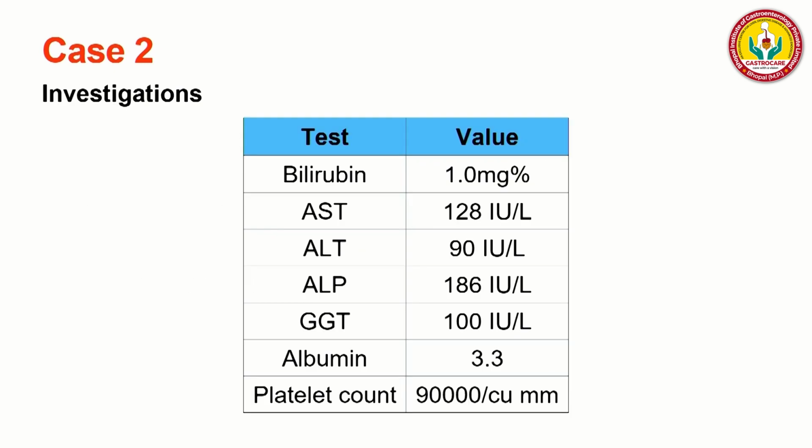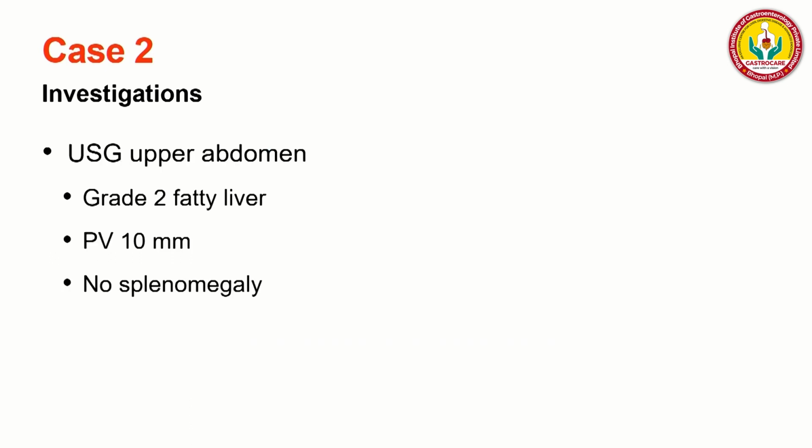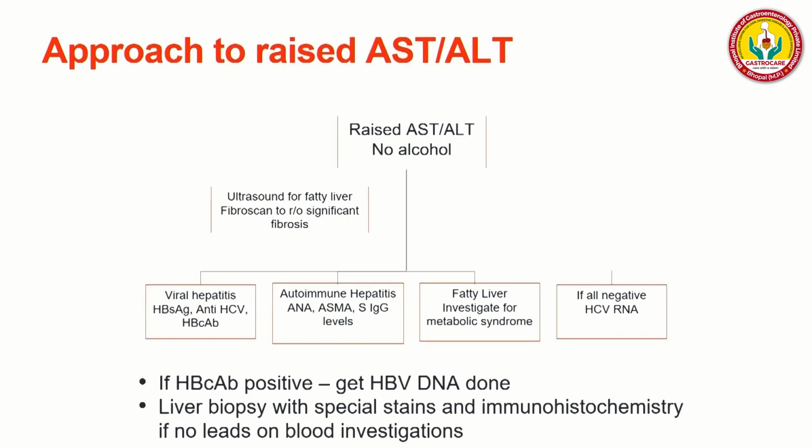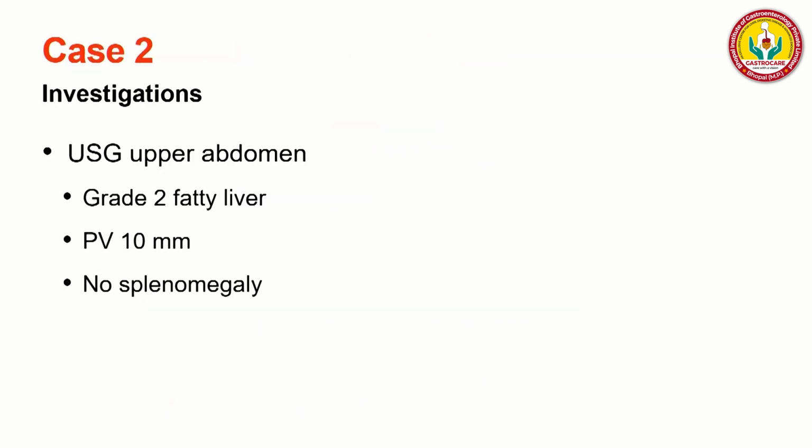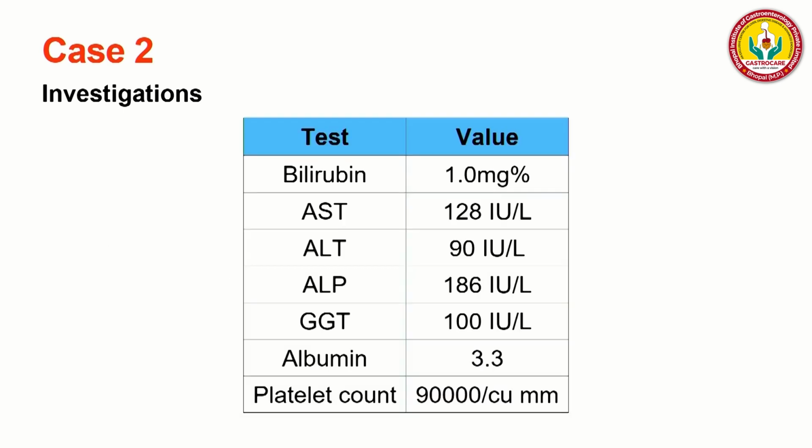And that's the profile. Bilirubin of 1, AST 128, ALT 90, gamma GT 2 times raised, albumin slightly low, and platelet count 90,000. We do an ultrasound which shows grade 2 fatty liver, portal vein of 10 millimeter, there is no spleen. Dr. Yadav, what would you think about and how would you proceed in this case?